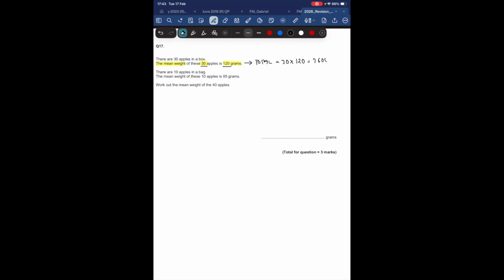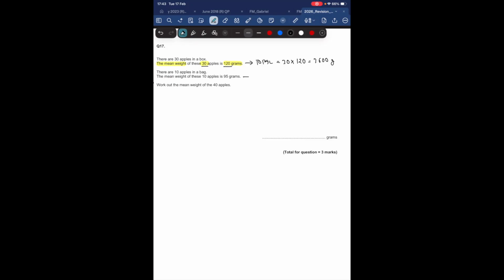So the 30 apples weigh a total of 3,600 grams. The next line tells us there are 10 apples in a bag. The mean weight of these 10 apples is 95 grams. Again, each of those 10 apples weighs 95 grams. That's how you're interpreting what the mean weight refers to.